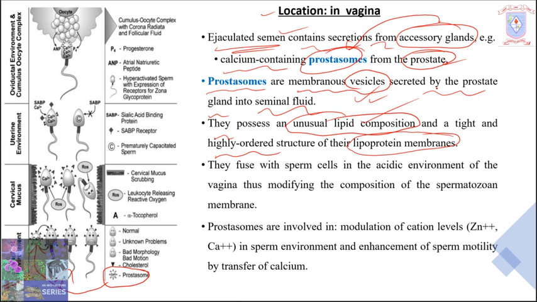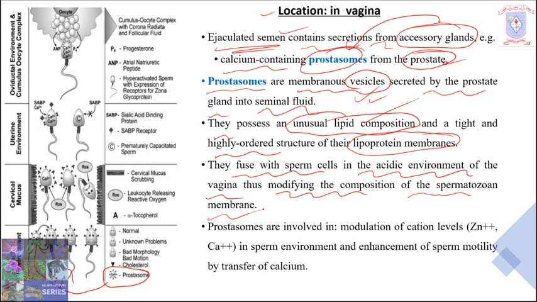In the vaginal environment, these vesicular prostasomes fuse with the sperm cells in the acidic environment of the vagina, thus modifying the composition of the spermatozoan membrane.